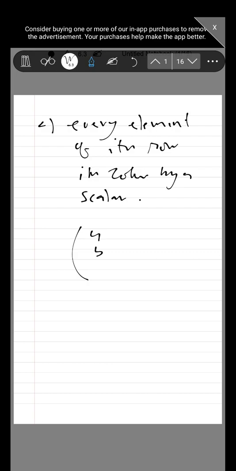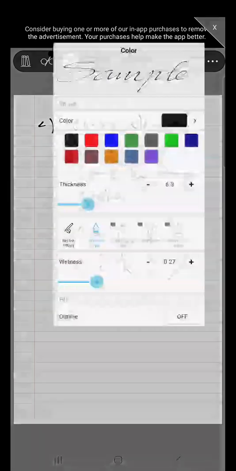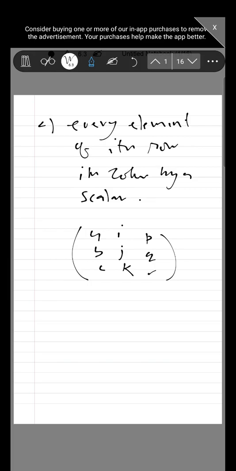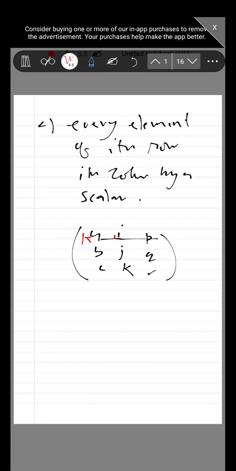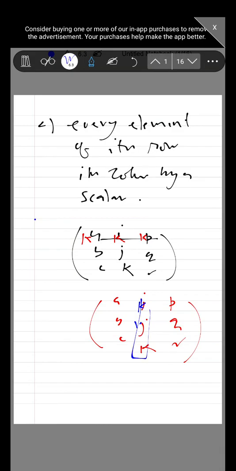Say we have matrix A, B, C, I, J, K, P, Q, R. If we multiply any of the rows, say we take this row for example, and multiply all the elements by K, K, K. Or if we have A, B, C, I, J, K, and P, Q, R, and if we multiply say the middle column by K, so it's Kb, Kj, and Kq.